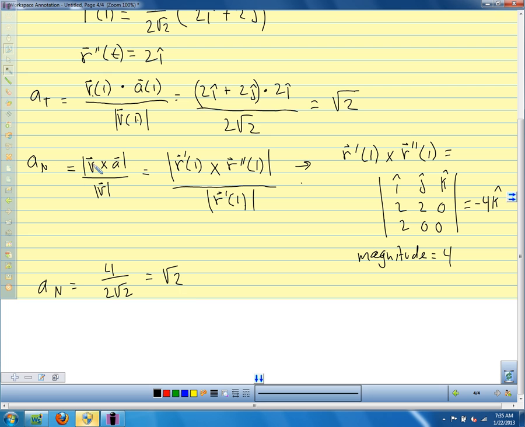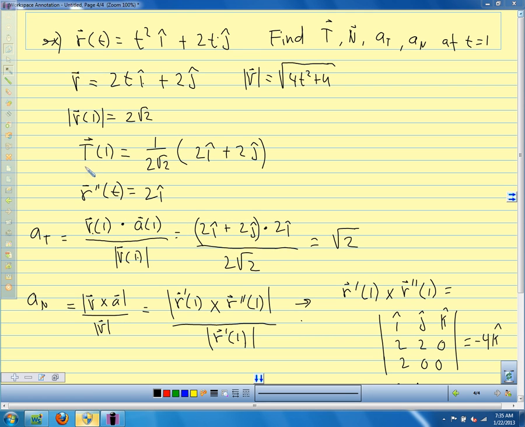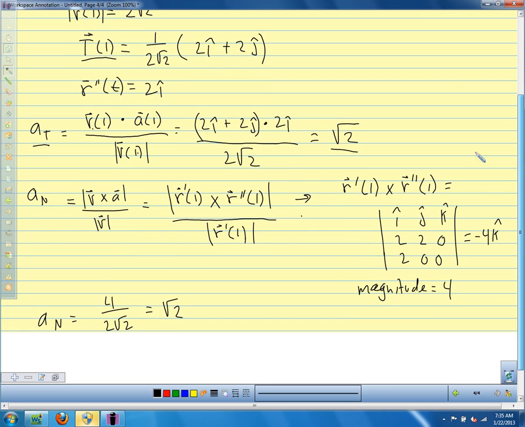Now I have 3 of the 4 quantities that we wanted. There's my unit tangent vector, there's a sub t, and here is the normal component of acceleration. We want to find the principal unit normal vector at time equals 1.